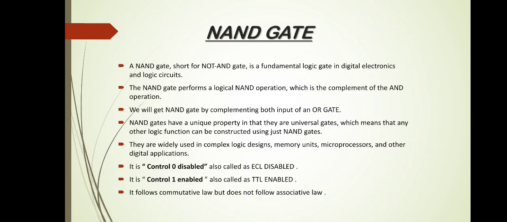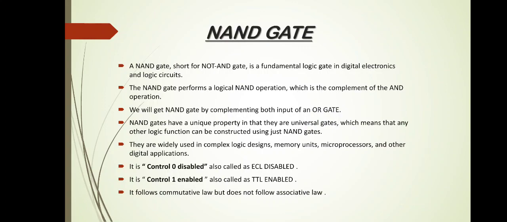NAND gates have a unique property in that they are universal logic gates, which means that any other logic function can be constructed using NAND gates. They are widely used in complex logic designs, memory units, microprocessors, and other digital applications.